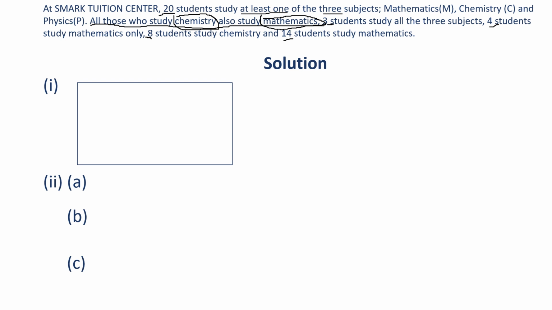To illustrate, in the first case we have 3 subjects for 3 sets. So let's draw our 3 sets. Okay, we have the first one, then this one, then we have another one.